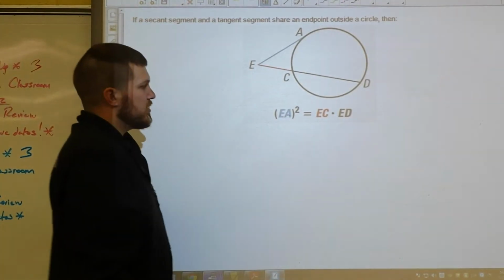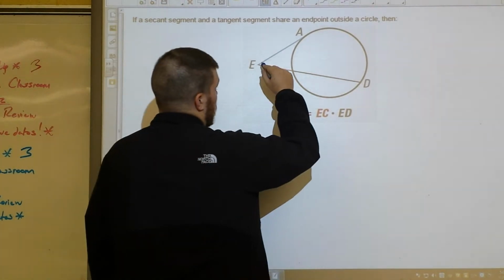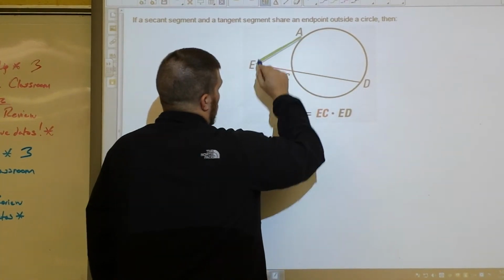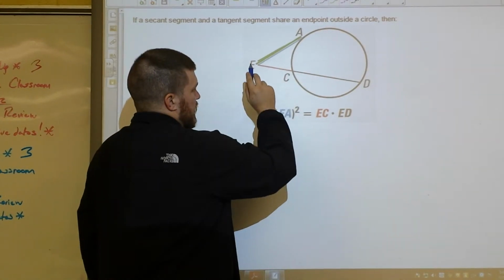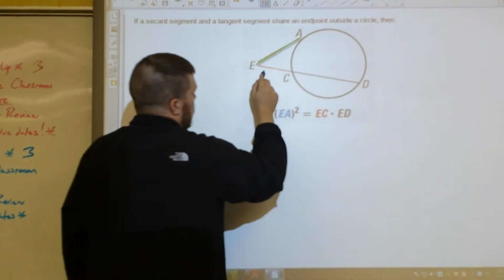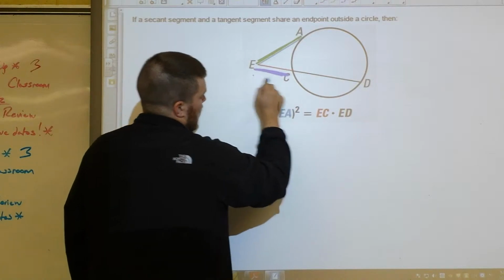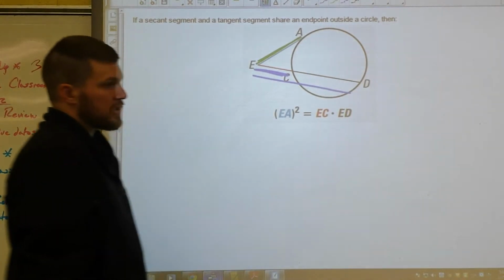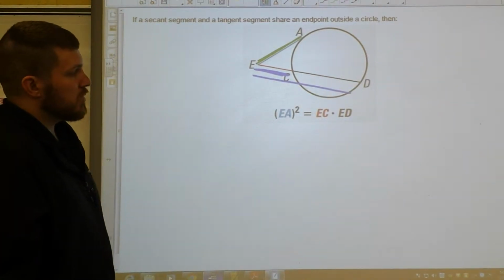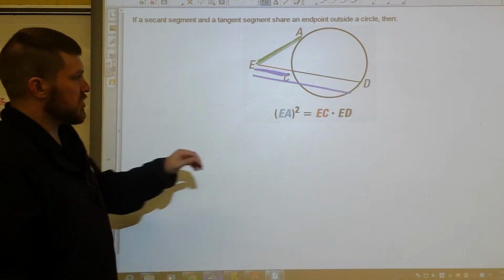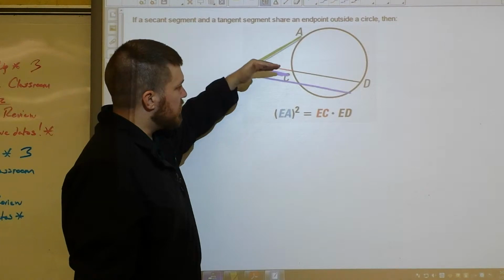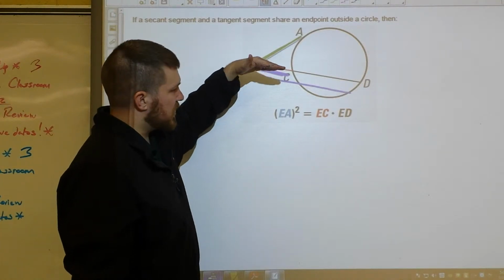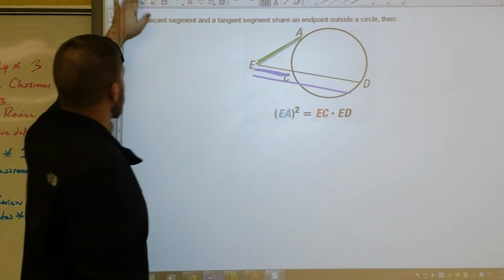So what we can say is EA, which is the part outside, if we square that piece, then it's going to be equal to the external piece times the total piece. That's what we're saying. So on the next example we're going to use this rule again: the tangent squared is equal to the external secant times the total secant.